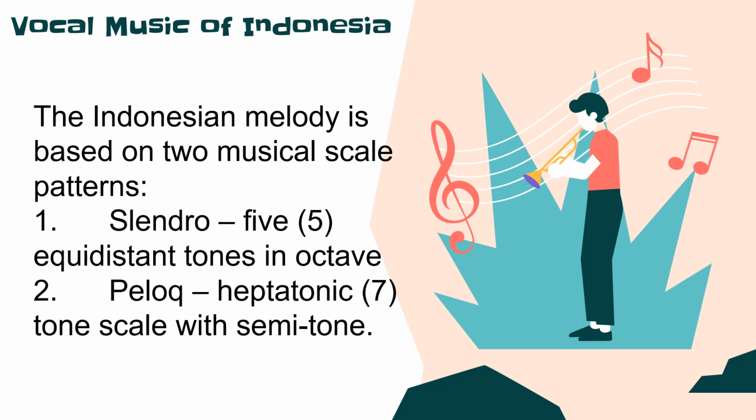So there are two Indonesian musical scales. They have the slendro or the five equidistant tones in octave and the pelog, which is the heptatonic tone scale with semitone. So pagtatandaan lang, pag 5 tones, we call it slendro. Pag 7 tones, we call it pelog.